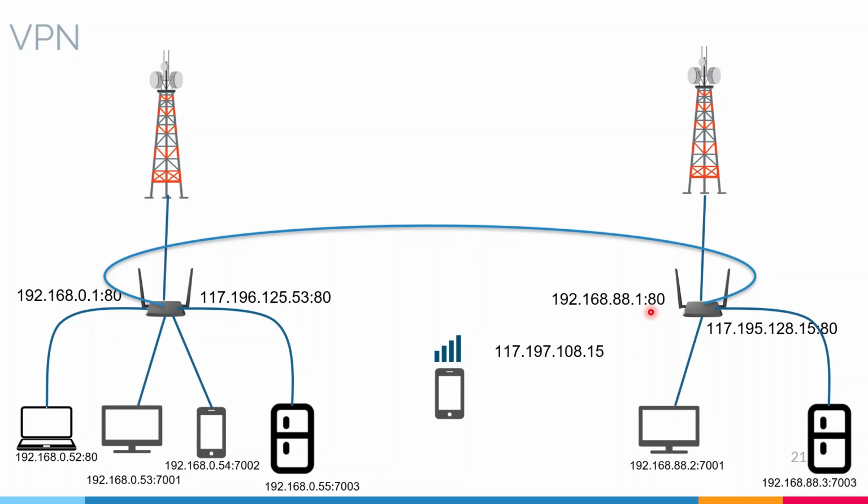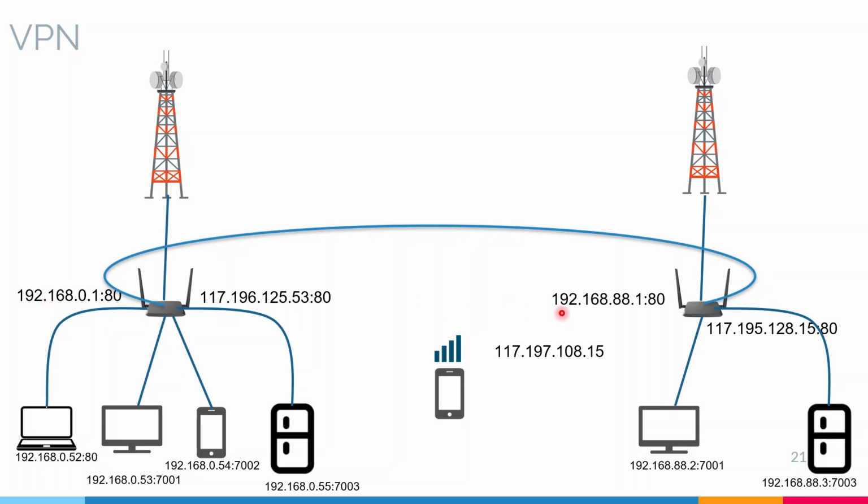Now the other thing is the IP address. Had this router got the same IP as the one configured here, so if this router also had 192.168.0.1, this would have been an overlap, because now it's difficult to identify each other, right? Or let me simplify this.